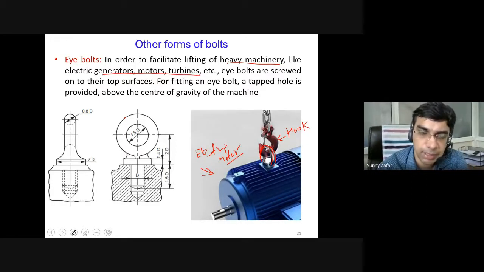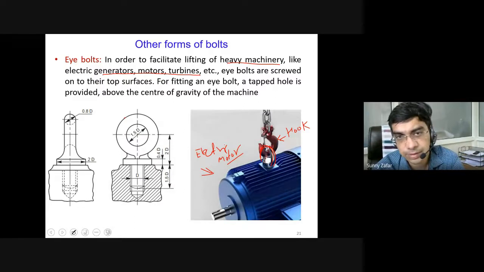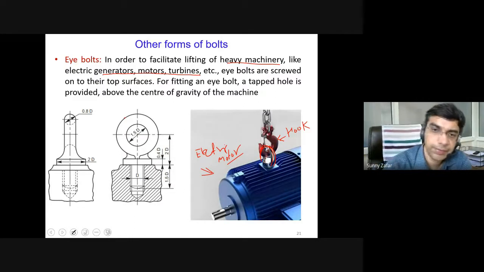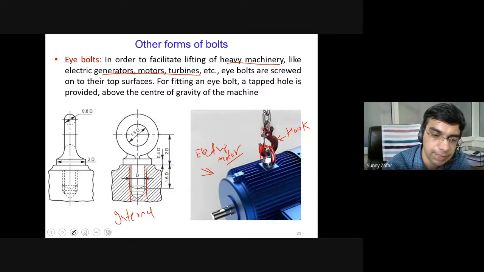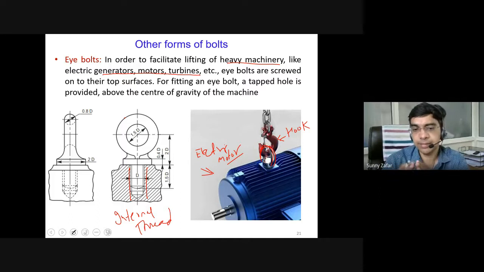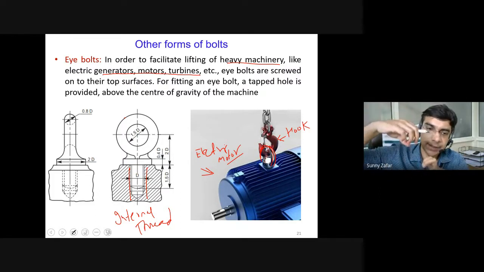The eye bolts can be screwed on the top surfaces. For fitting an eye bolt, generally a tapped hole is there, meaning a hole is provided in which the internal threads are already made. If the hole is tapped, the internal threads are already there, so you just need to bring the eye bolt of the proper diameter and you can fasten it up.